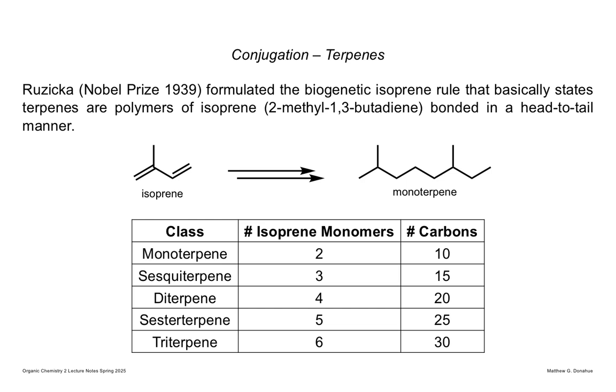Again, Ruzicka formulated the biogenetic isoprene rule that states terpenes are polymers of isoprene bonded in a head-to-tail manner. So isoprene will bond with itself in certain constitutions, and depending on the number of isoprene units, that's where you get these classes.